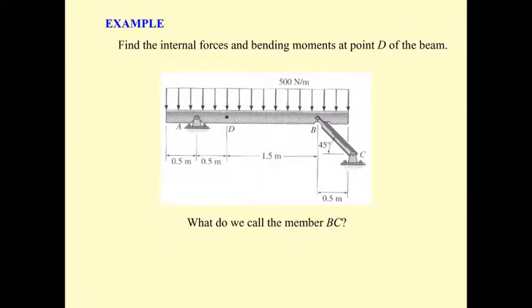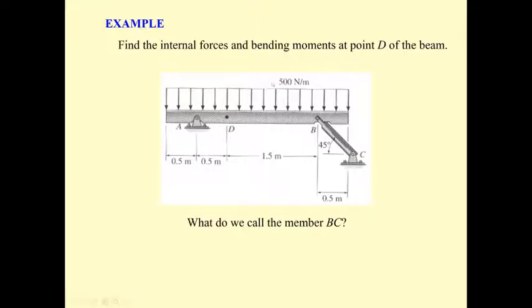Do you recall what we call this member BC? If you can remember, this is the two force member, and the two force member will have forces along its axis. Okay, it can be in tension or it can be in compression.